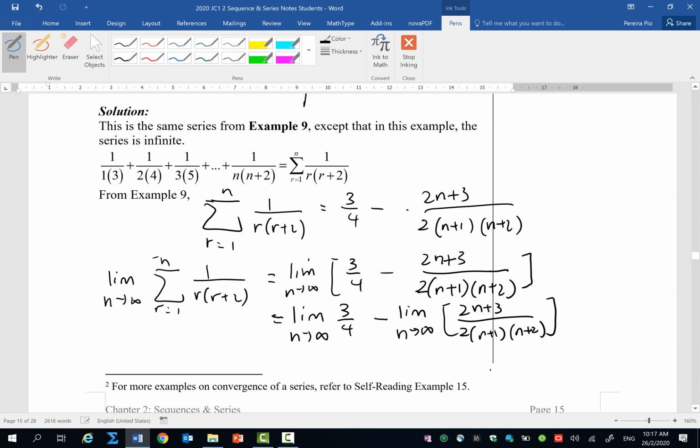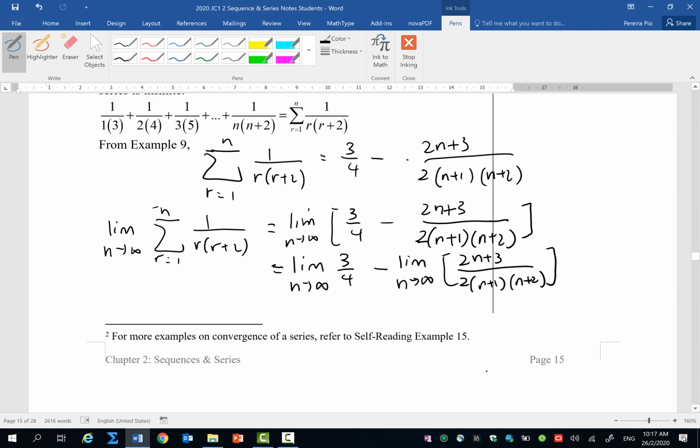A few things you can do here. One is that you should recognize the limit of 3/4 must give you a finite number. What about this fella here? It must give you 0.